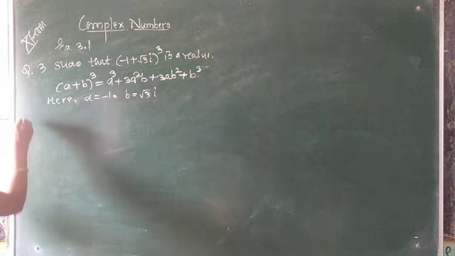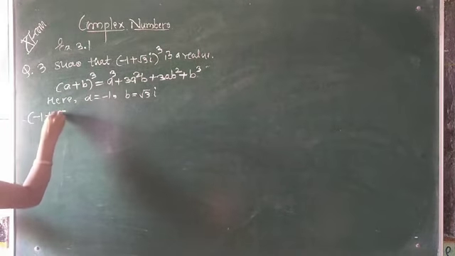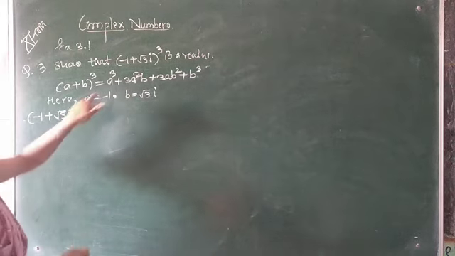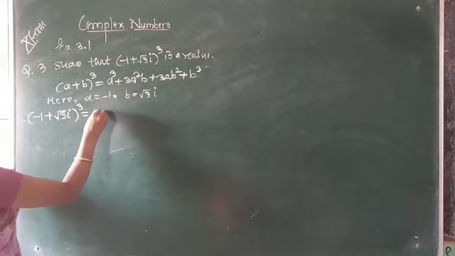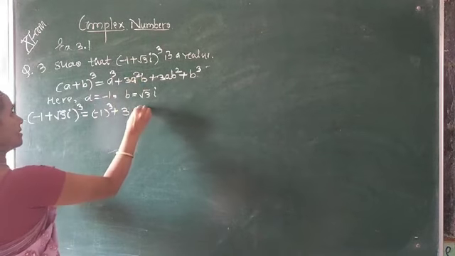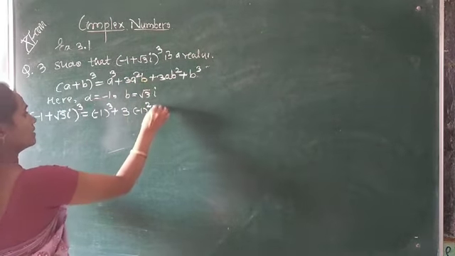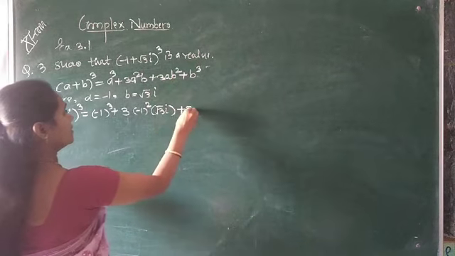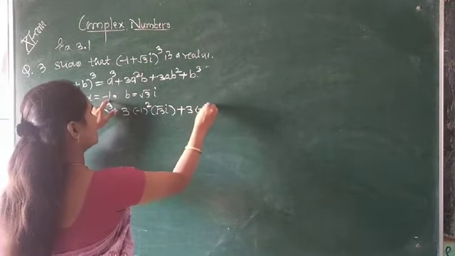So write here: minus 1 plus root 3i, cube, is equal to a cube, what is a? Minus 1, plus 3 into a square, a means minus 1 square, into b, root 3i, plus 3a, 3 into minus 1, into b square.